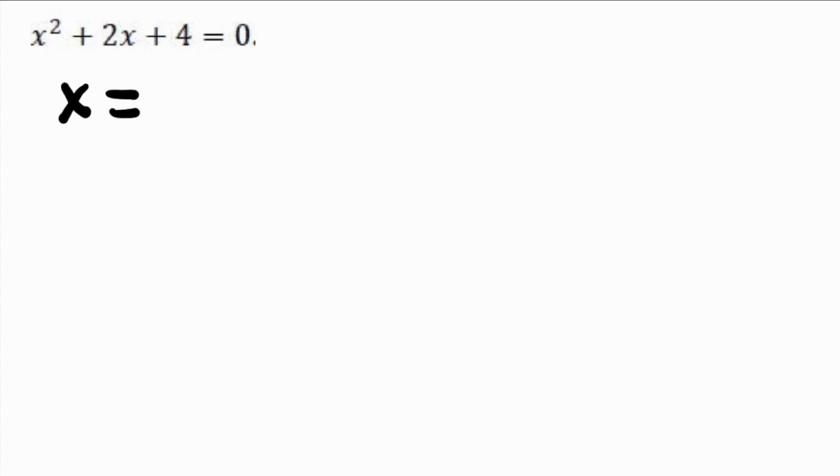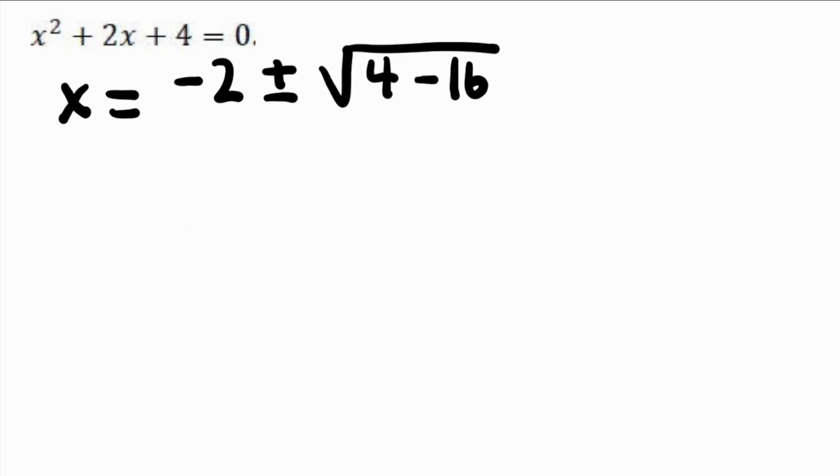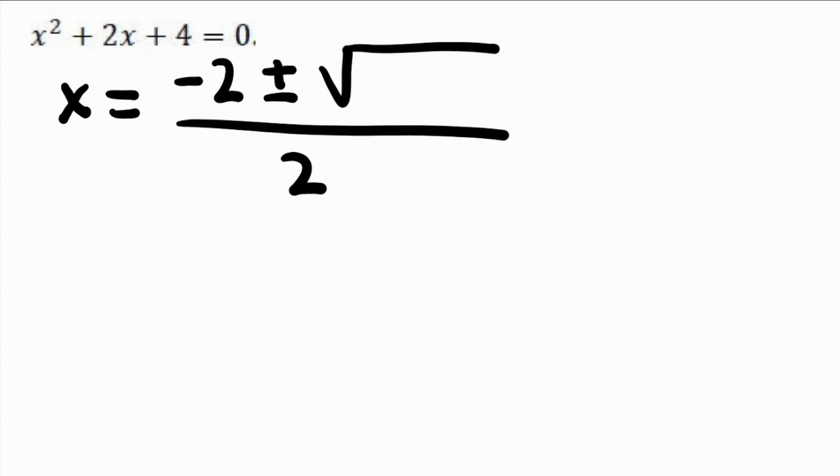I'll see x equals -b plus or minus the square root of b squared minus 4 times a times c, which is 4 times 1 times 4, all over 2a. Okay, now 4 minus 16 is -12.